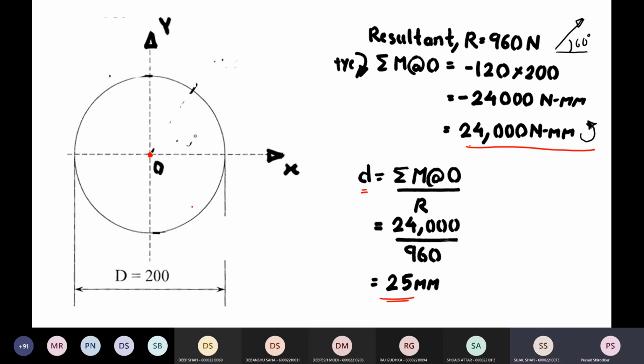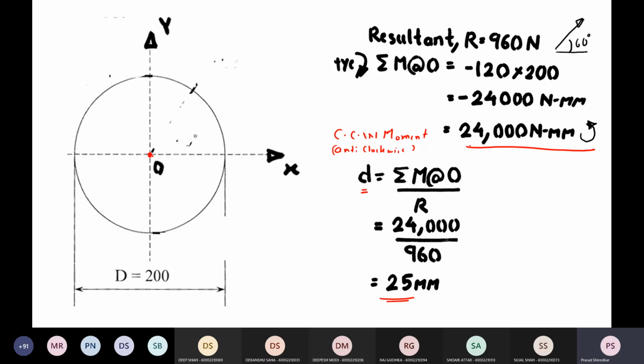So now this force should be placed in such a way that it induces a counterclockwise, anti-clockwise moment. Sir, the distance D is the perpendicular distance of the resultant of both the forces from O? Yes.